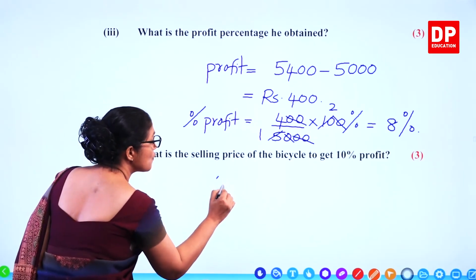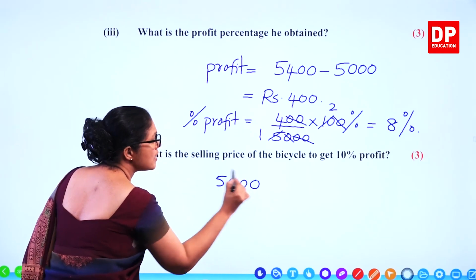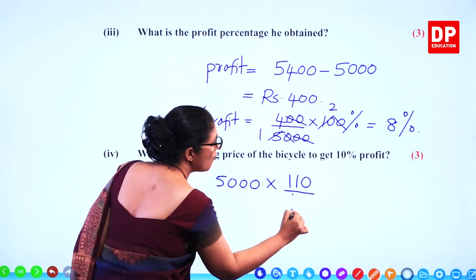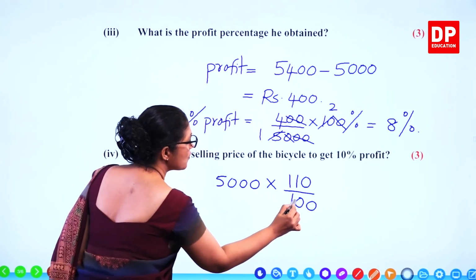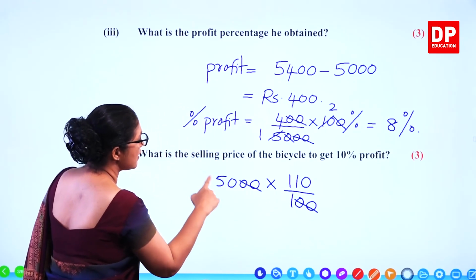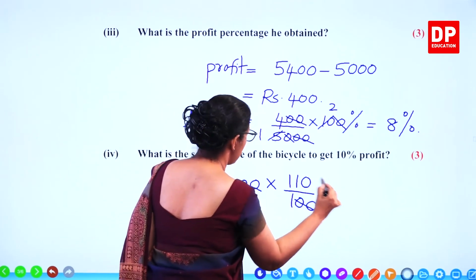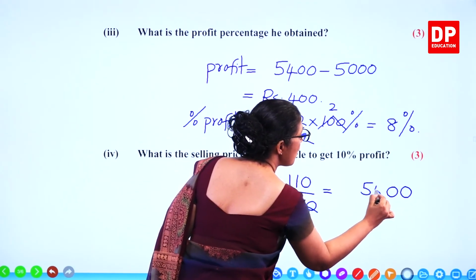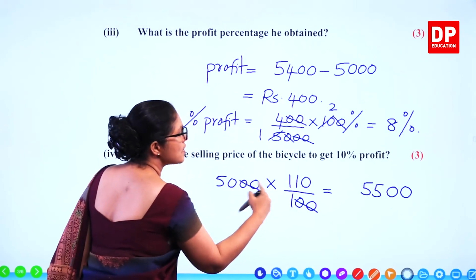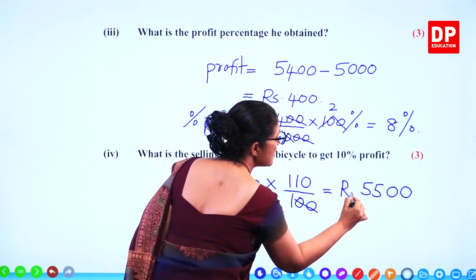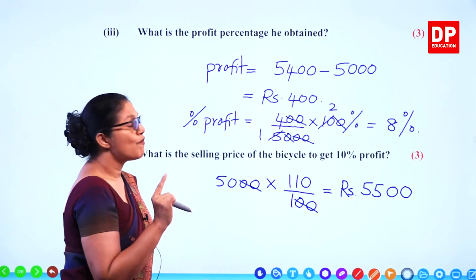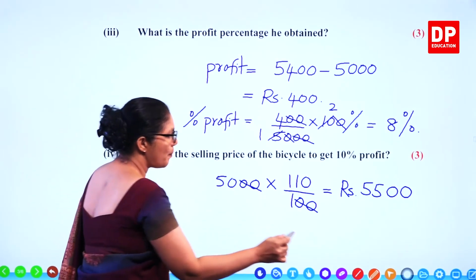So 5,000 is the buying price, into 110 over 100. So 2 zeros get cancelled out and 5 times 11, 55. So that means he needs to sell it for 5,500 rupees.